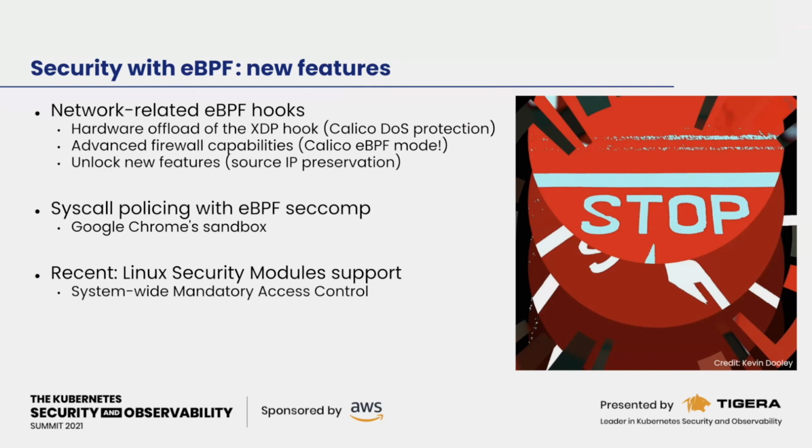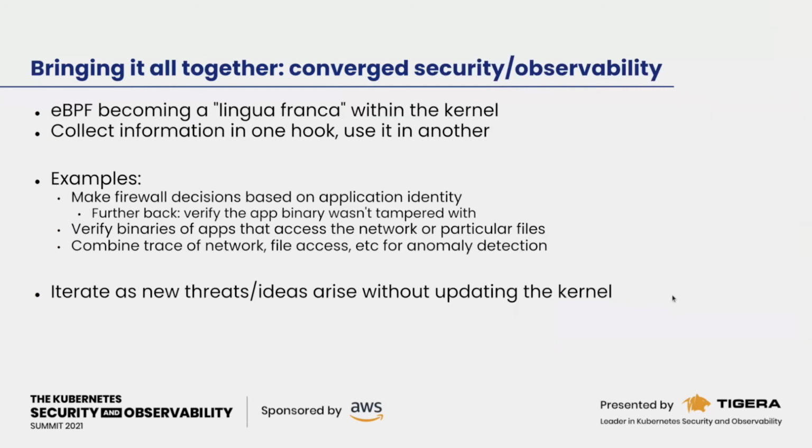So yeah, one theme of security with eBPF is there's just new features that are unlocked by eBPF, and I think we'll see a lot more similar features being added that will use eBPF where they need that customization of the feature. We'll see a lot of that going forwards. But I think another aspect to the story is we'll also see these two things, observability and security, kind of converging slightly.